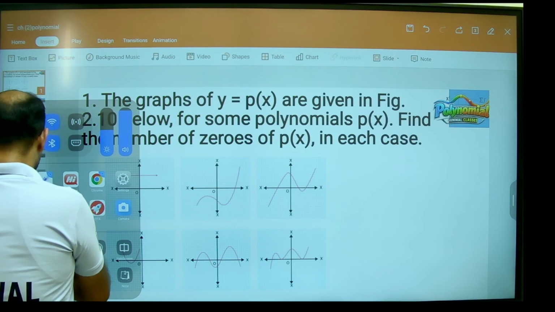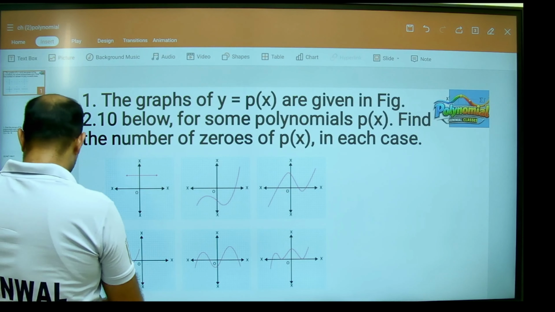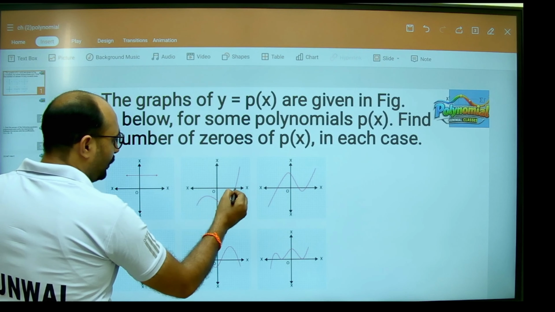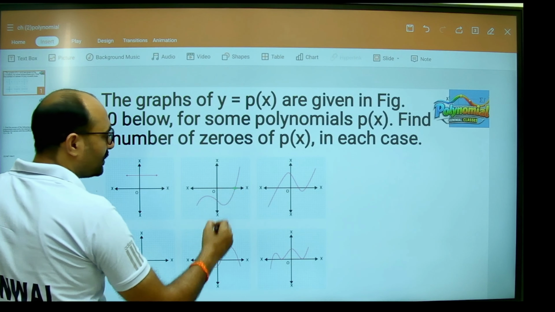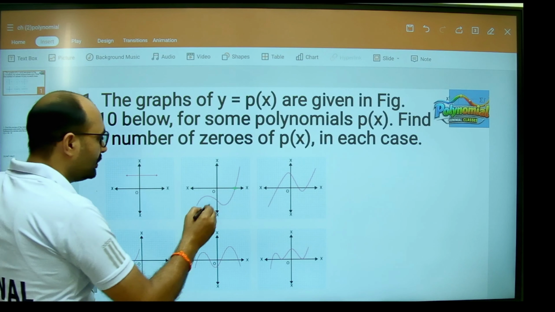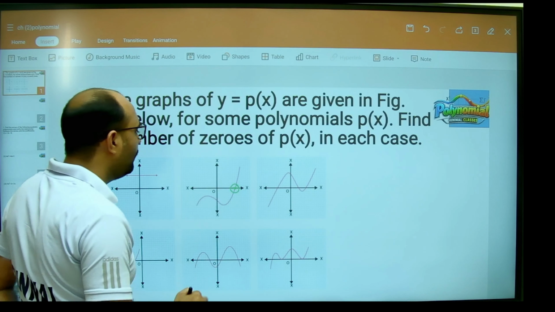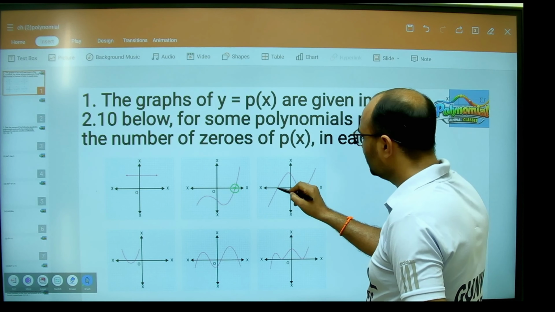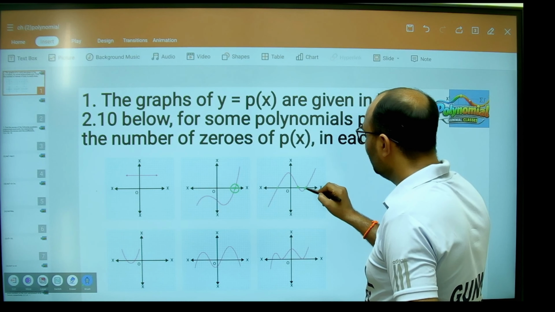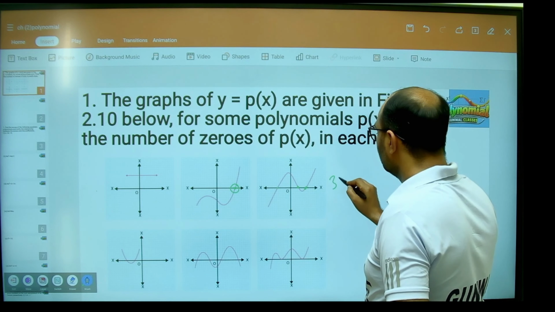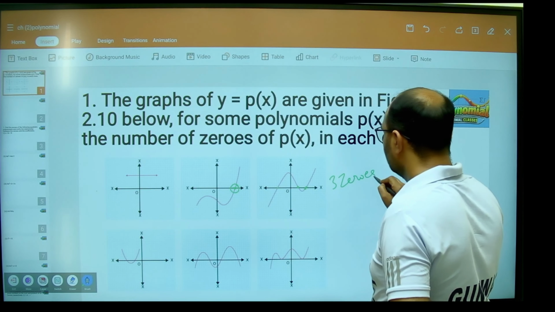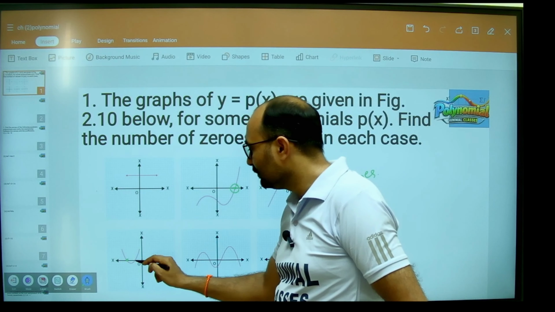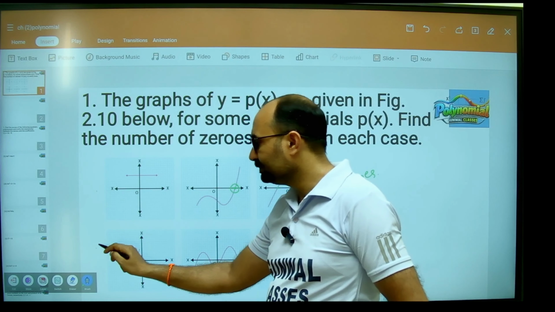In figure 2, this graph intersects the x-axis only at a single point, so only a single zero. If you observe this, 1, 2, 3, 3 zeros. Here 1, 2, 2 zeros.